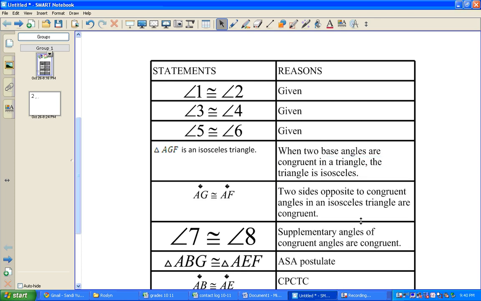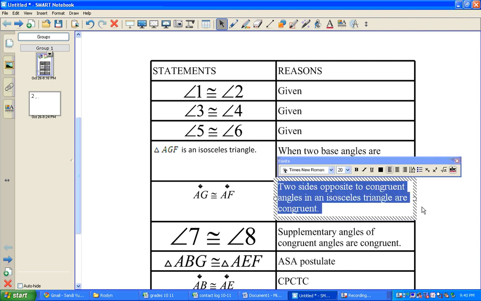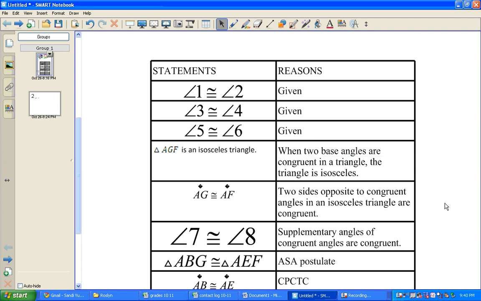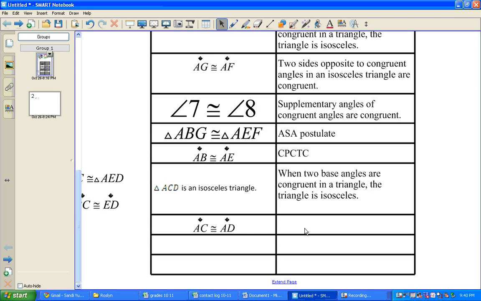Sorry about that. Now I'm going to reuse that way on the bottom right here.